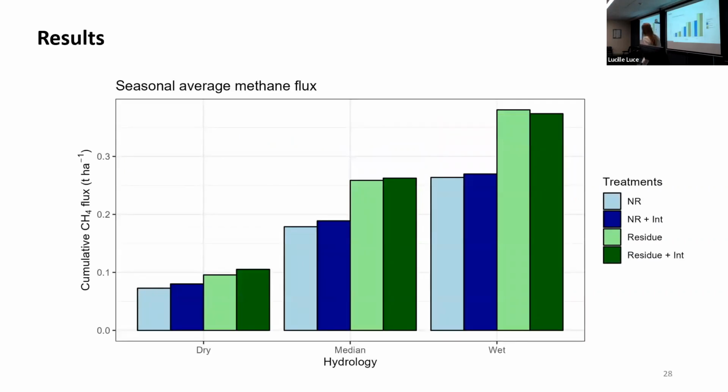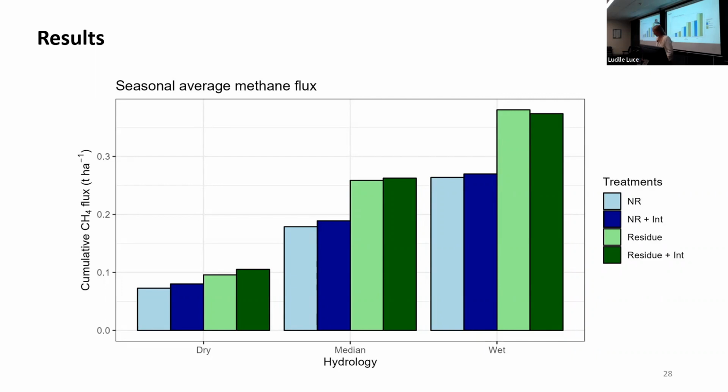So here's our results. We have the hydrologies grouped on the x-axis, and we have the cumulative seasonal average methane flux. In blue, we have no residue treatments, and in green, we have the residue treatments. And as we expected, wetter environments, median and wet there, have much higher methane flux overall.